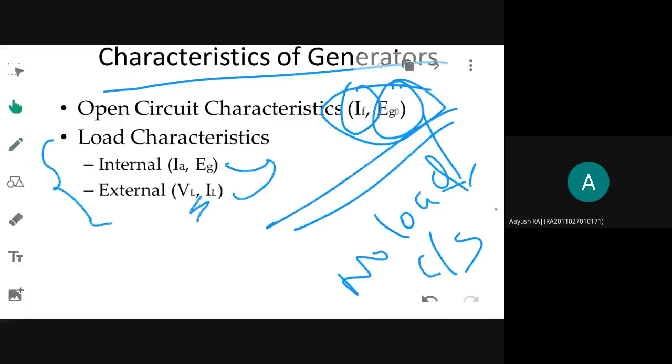Again, Roshan and Aryan. Aditya Raj, Aryan, tell me the answer. Internal characteristics is drawn between what characteristics? Aditya Rajan Agarwal.